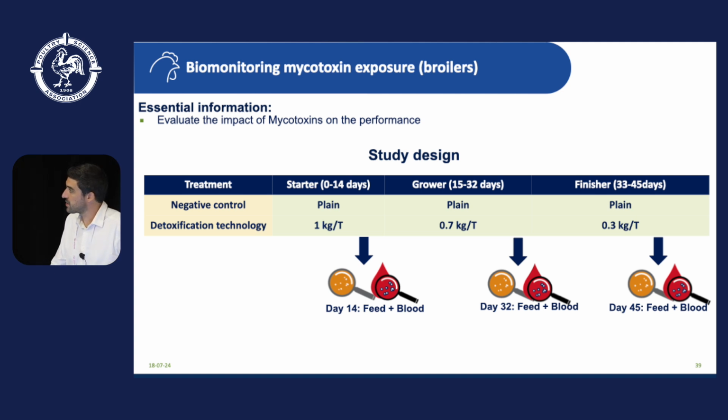And at the end of each stage, feed and blood were collected for each group. Okay? And the concentration of the detoxifier technology was also reduced through the cycle. We even added a very low concentration at the latest stage, at 0.3 kilos per ton, when we normally suggest 0.5 as the minimum dosage.